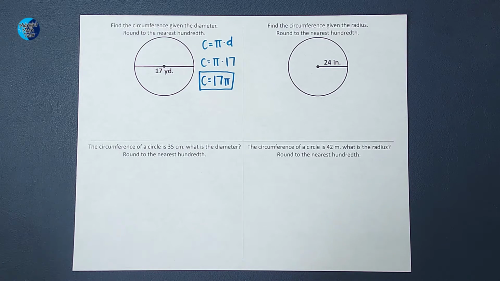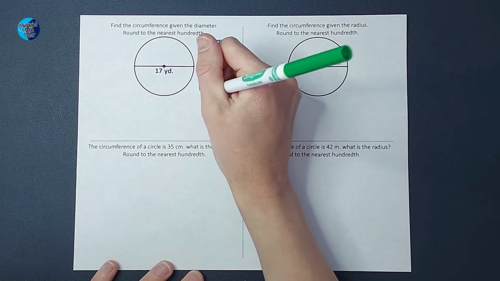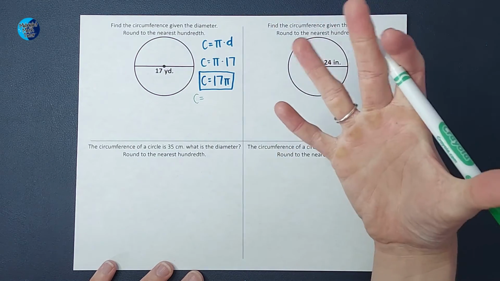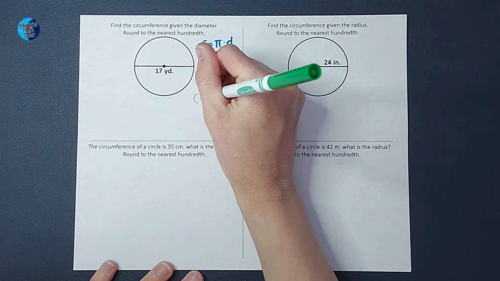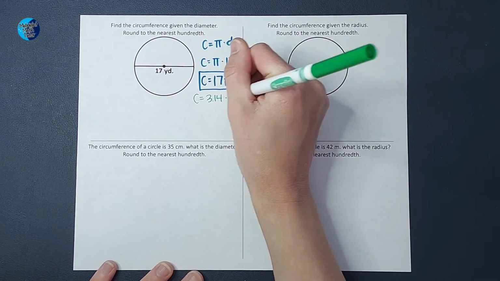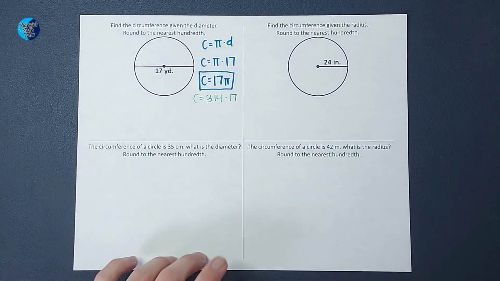Another way they might ask for it is they might say, use 3.14 for pi. If we were to do that, I would say my circumference is equal to pi times my diameter, which is 17.